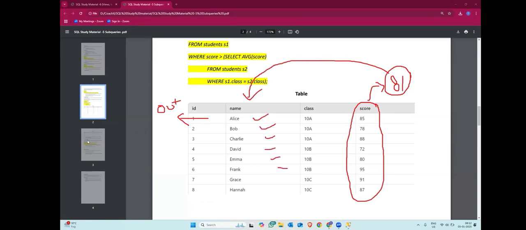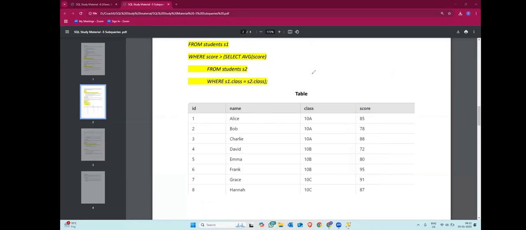When we talk about a correlated subquery, the inner subquery has to run every time for the outer query. Why? Because there is an inherent condition to be satisfied. Like in this example, let us say I ask you that I want the score higher than the average of their class.